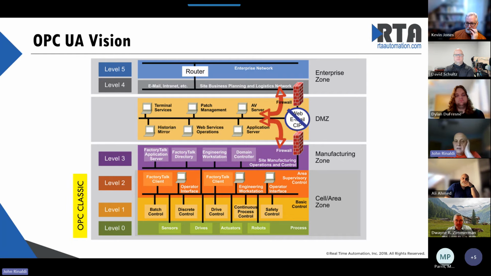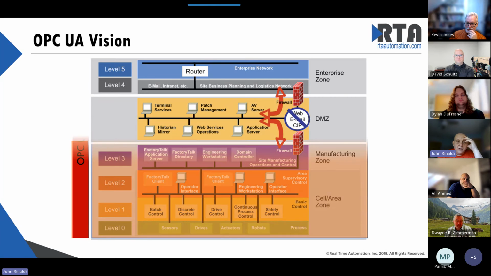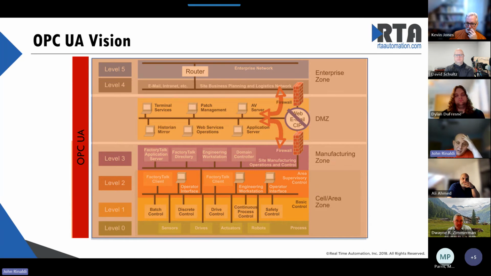So OPC Classic, the old one, was really just low in the architecture. It was expanded over time to cover all of manufacturing. And the idea for OPC UA is you could do absolutely everything with OPC UA.